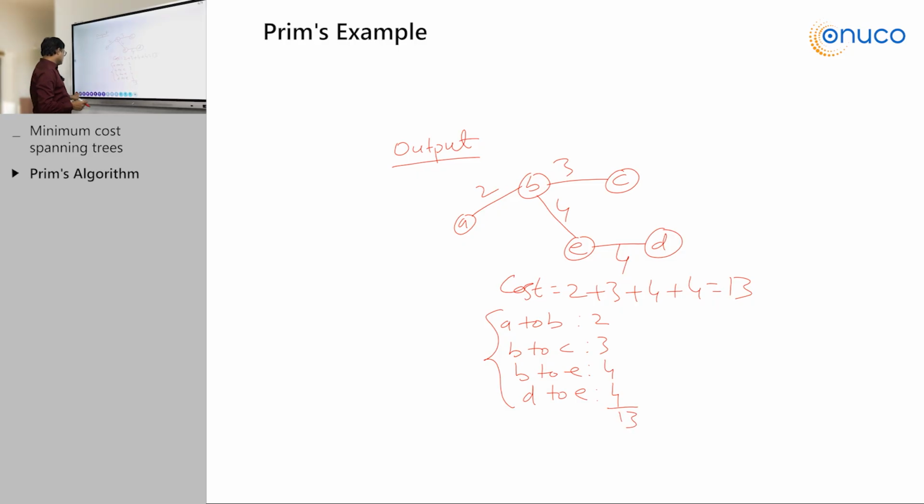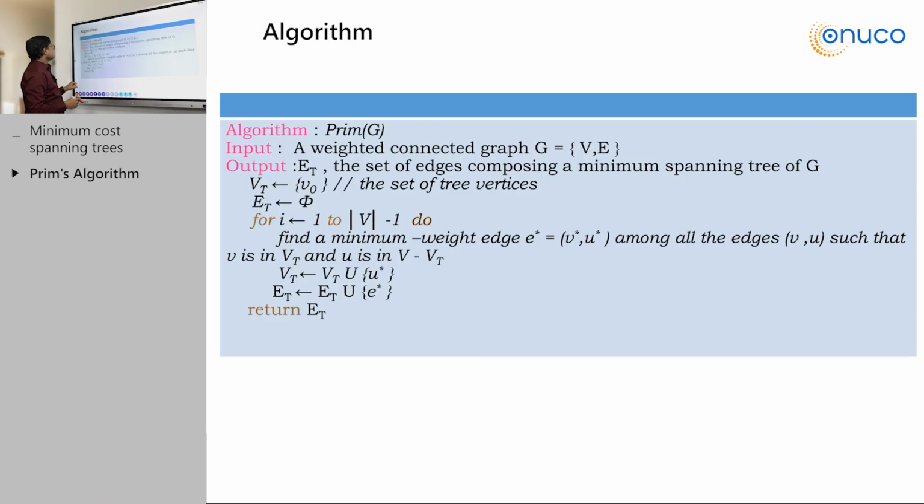Let us see next how you are going to correlate this with the program. Look, Prim's algorithm: we have a weighted connected graph G(V, E), where V is a set of vertices and E is a set of edges.